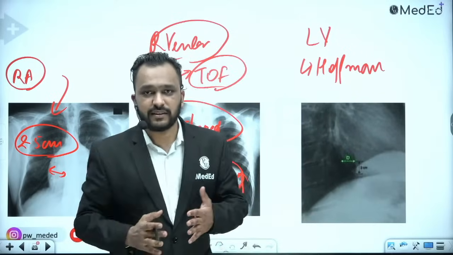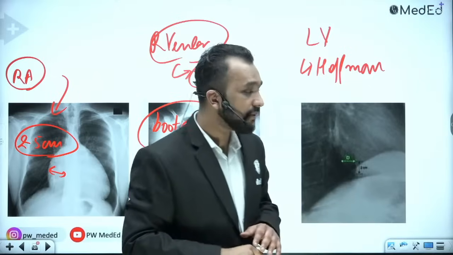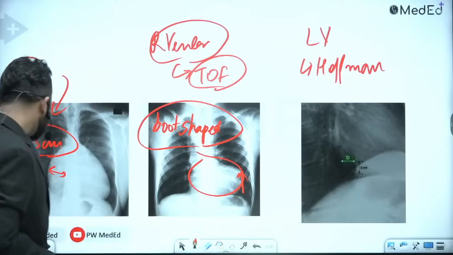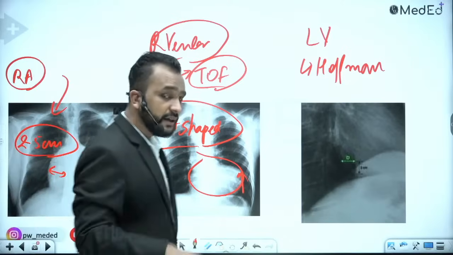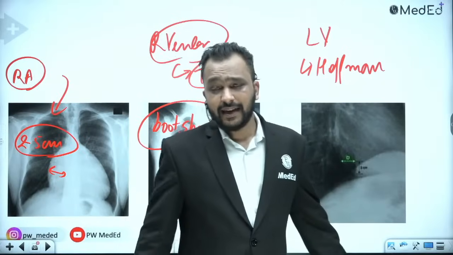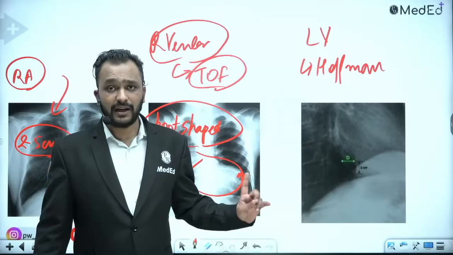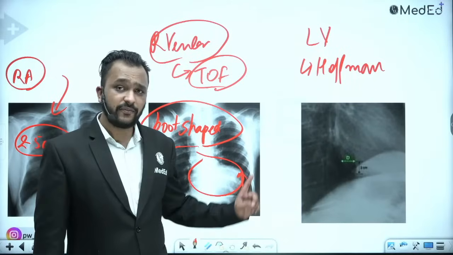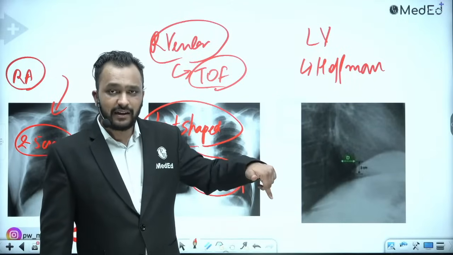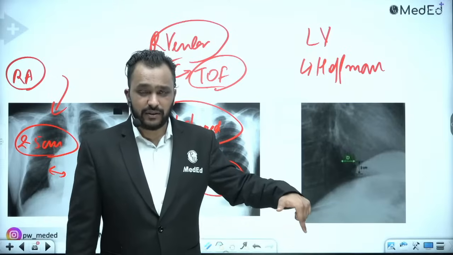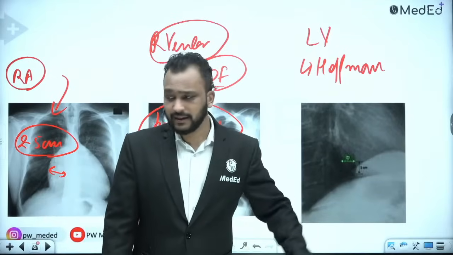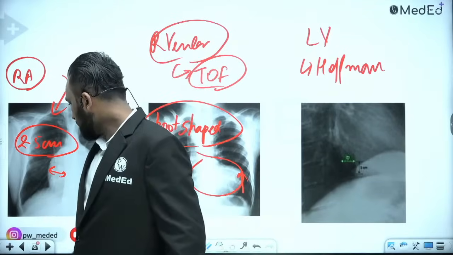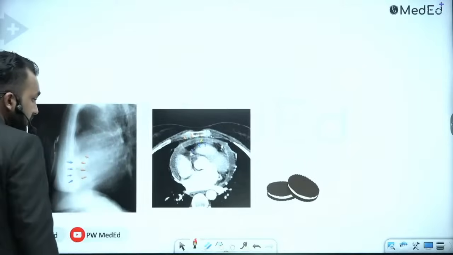If this distance is less than 1.8 centimeter, you will call it a case of left ventricular enlargement. And also remember that as in right ventricular enlargement the cardiac apex shifts upwards, in left ventricular enlargement the cardiac apex will shift downwards and laterally. Okay.